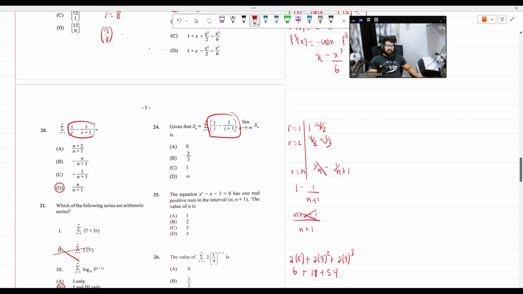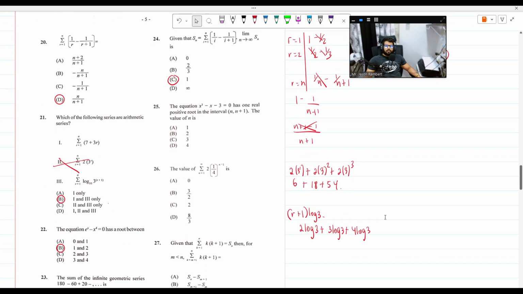And this simplifies to n over n plus 1. So I'm going to check what the limit as n tends to infinity of n over n plus 1 is. Divide the top by n, divide the bottom by n. I get 1 over 1 plus 1 over n. As n goes to infinity, that goes to 0. So I'll get 1 over 1, which is 1. The answer is C.